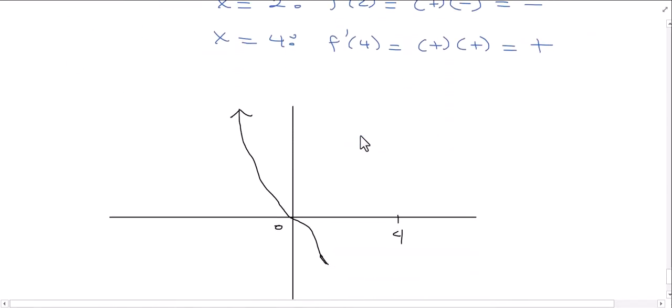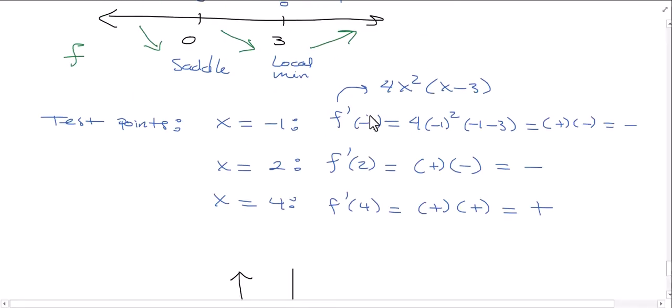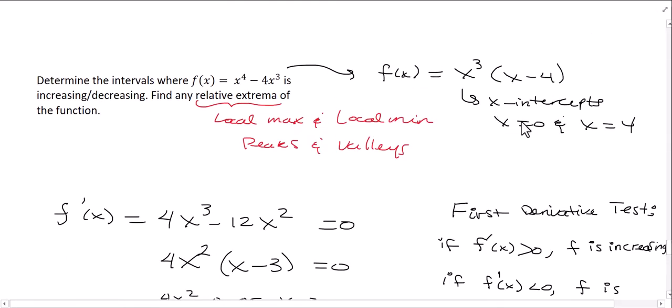And the reason it goes back up is because you're decreasing, but then it has to come back and cross that x-intercept. And where did 4 come from? So the x-intercept at x equals 4 came from the term x minus 4, which is a linear term. So as we cross 4, we're going to look like a line because this is a linear term.